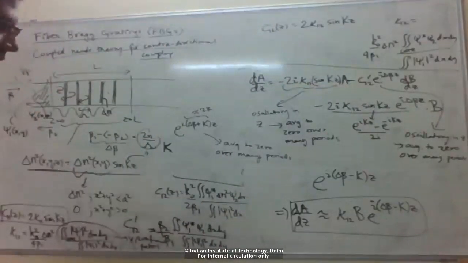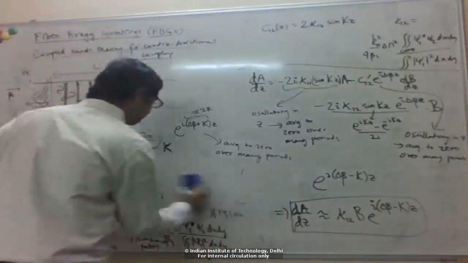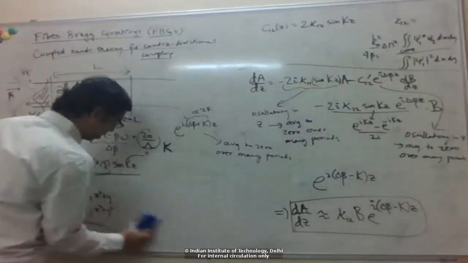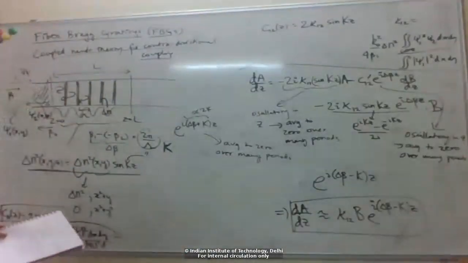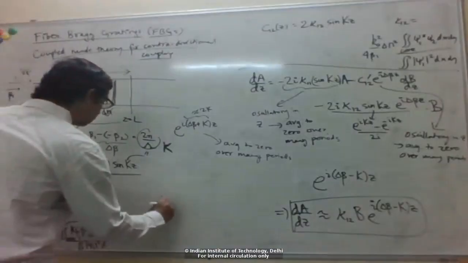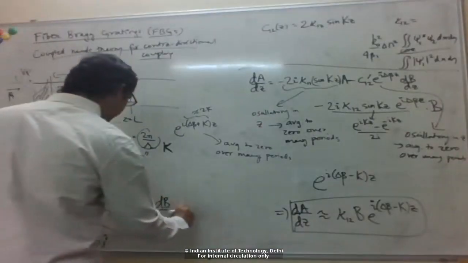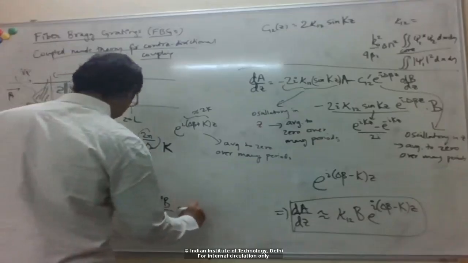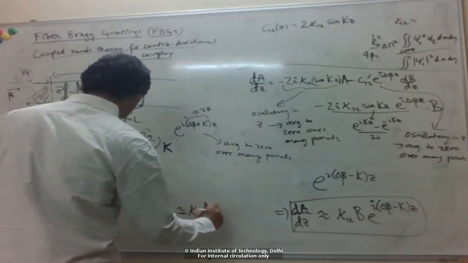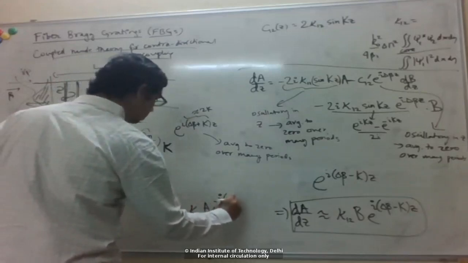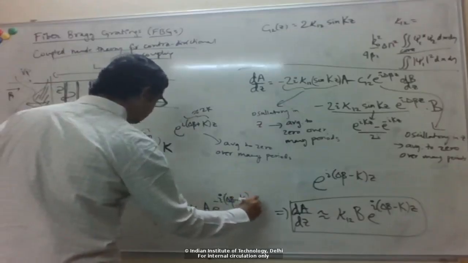So we'll get a similar equation for B, you can go through the procedure yourself. So you can check that the equation for B will look like this.